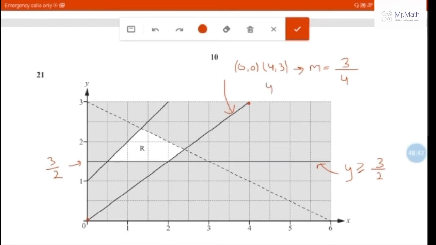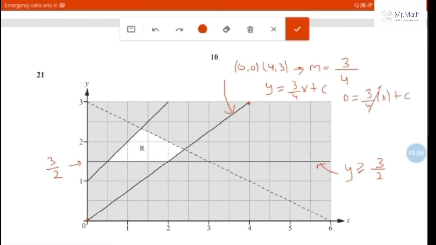So y is equal to 3 over 4 x plus c. Now to find c, I have to substitute either of the 2 points, either 0, 0 or 4, 3. To make things easier, I'm going to substitute 0, 0. So I will get 0 equals 3 over 4 times 0 plus c.